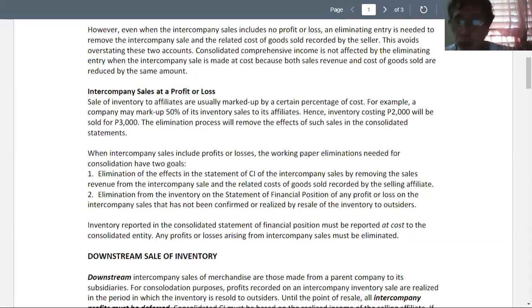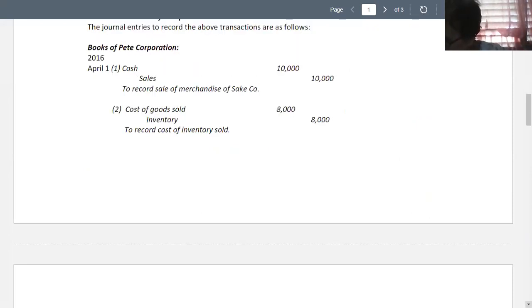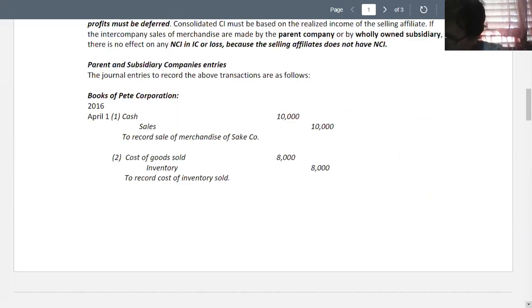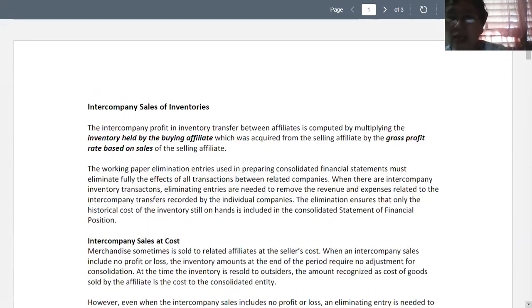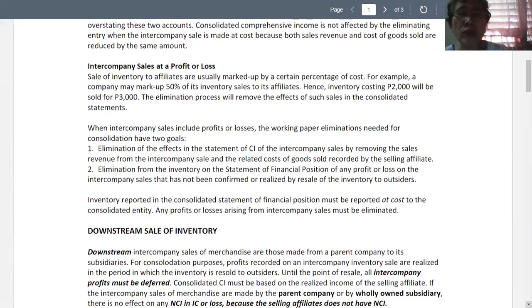For consolidation purposes, profits recorded on an intercompany inventory sale are realized in the period in which the inventory is resold to outsiders.